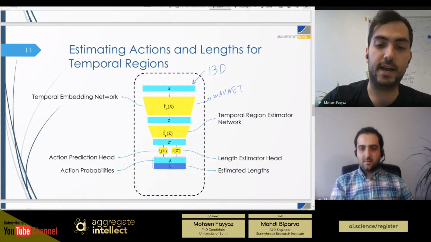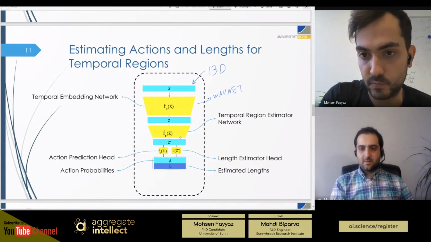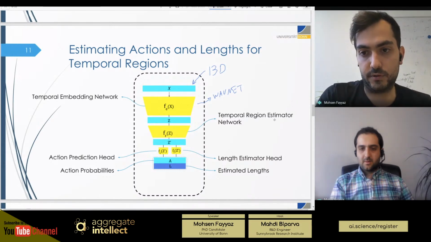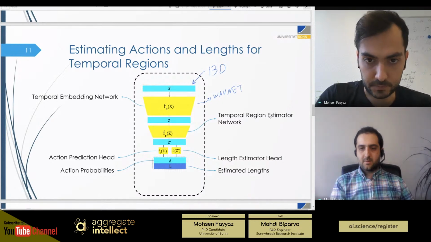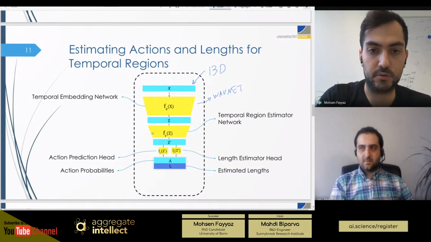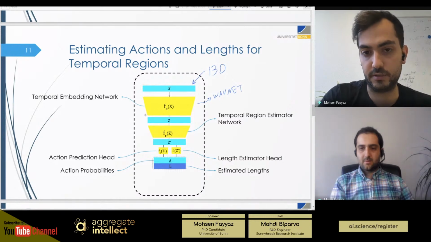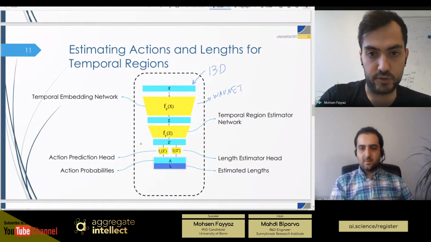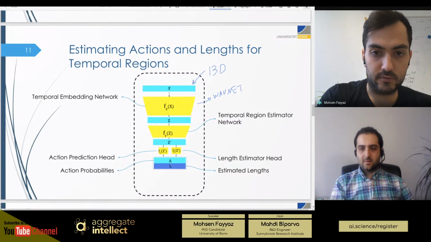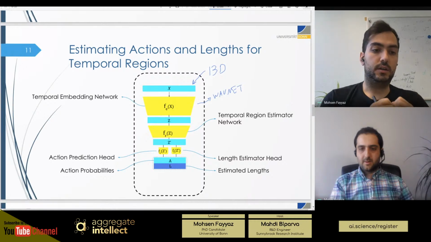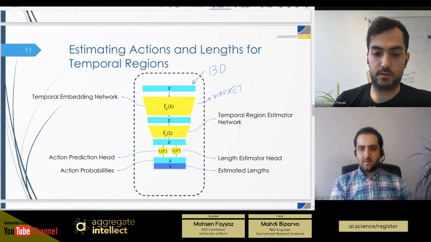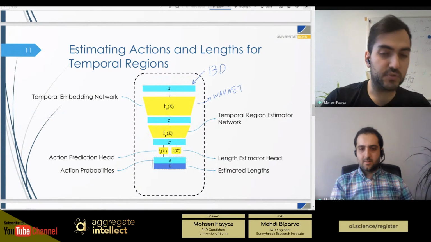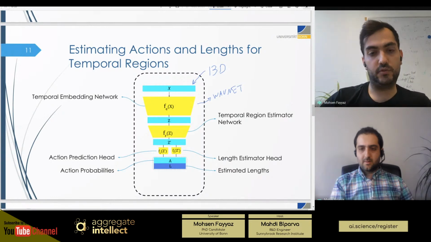However, we add another network on top, which we call the temporal region estimator network. This one is also similar to a WaveNet. It has some 1D convolutions. It downsamples the Z further to Z prime. For Z prime, we say that it has some representations for the temporal regions we expect to have for the video.